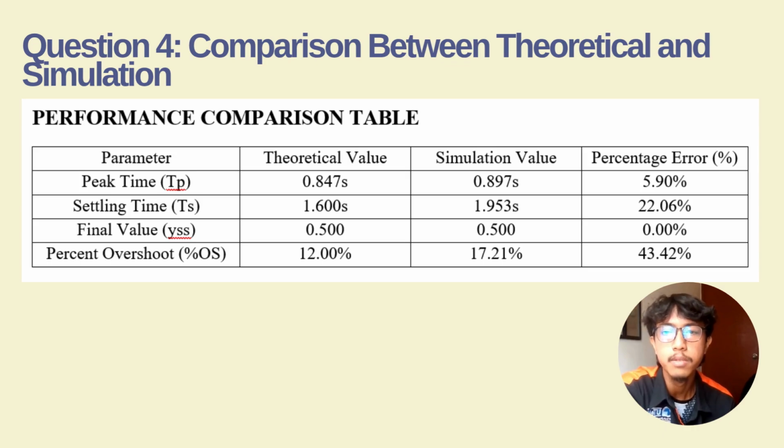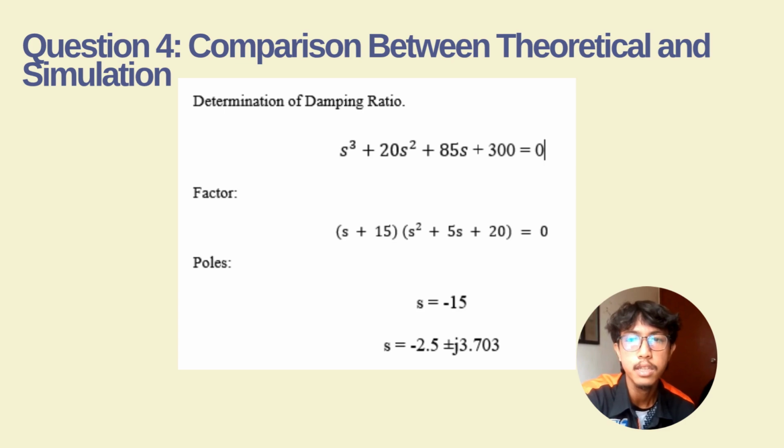However, our calculated percent overshoot was 12%, while the simulation shows roughly 17.21%. So why is there a gap? The reason is the third pole effect. In our manual calculation, we simplified the system by assuming a pure dominant second order approximation.